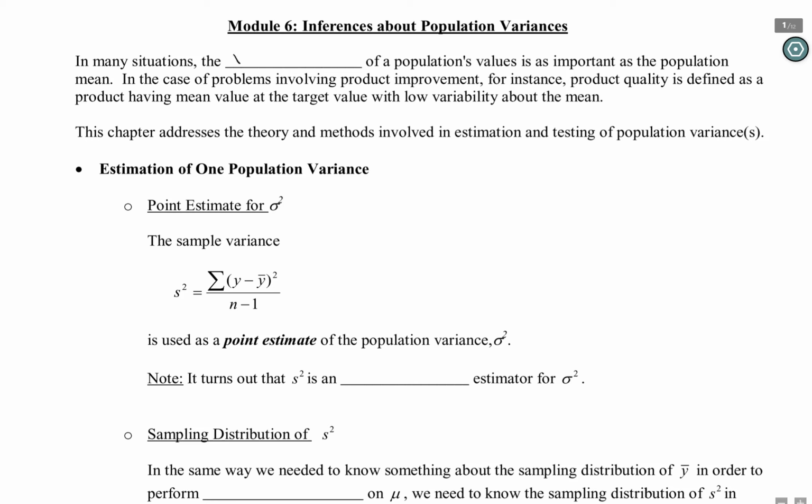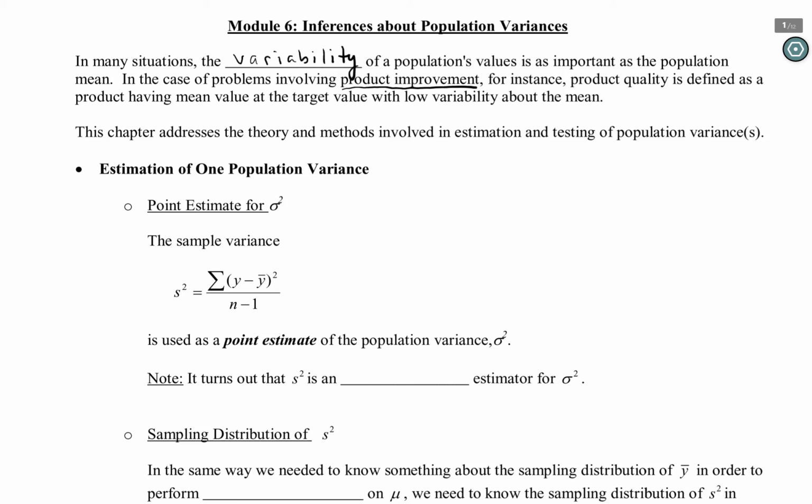So in many situations the variability of a population's values is as important as the population mean. For example, suppose we are dealing with product improvement, say a drug that's on the market and it's labeled as being a 20 milligram drug.